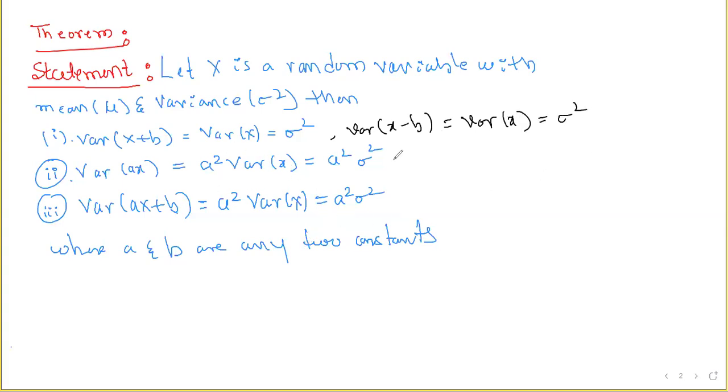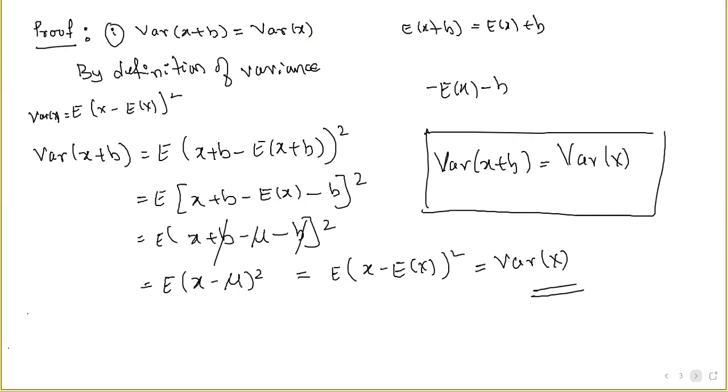Also, variance of x by a is 1 by a square variance of x. Likewise, you can take (x by a) minus b also, that will be 1 by a square into variance of x. So this is the concept of variances with a few examples.